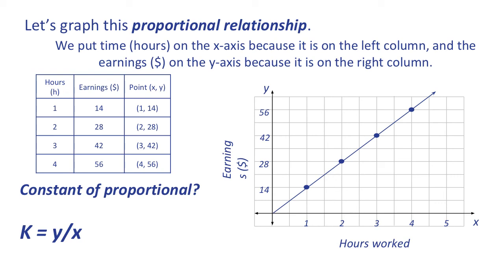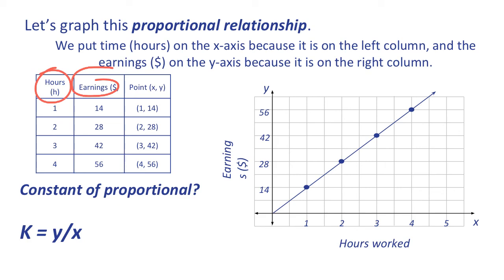So let's graph this proportional relationship. We have hours, earnings, and then we're going to graph that over here. We put time on the x-axis because it's in the left column, and we put the earnings on the y-axis because it's in the right column, ignoring this column for the moment. So we end up with these points.